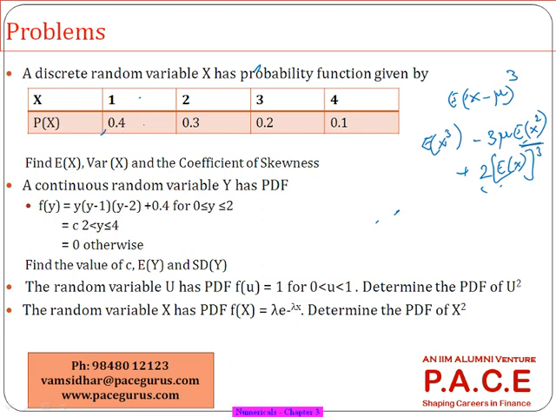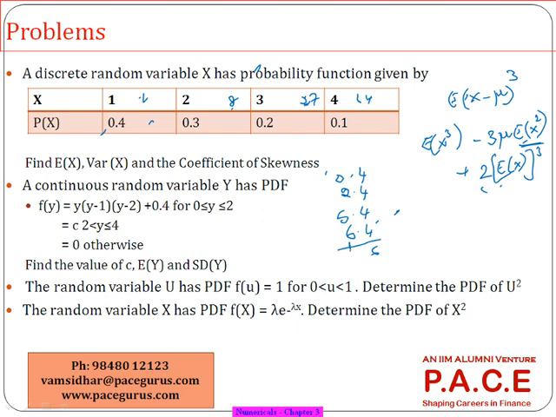Now expectation of x cube, if you want to find, you can very well do it with the cubes, which will come out to 1 into 0.4, 0.4, plus 8 into 0.3, 2.4, plus 27 into 0.2, 5.4, plus 64 into 0.1, 6.4.